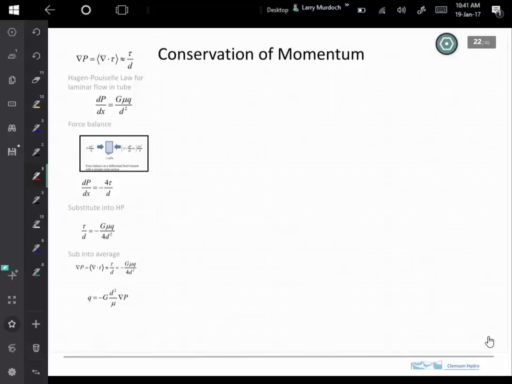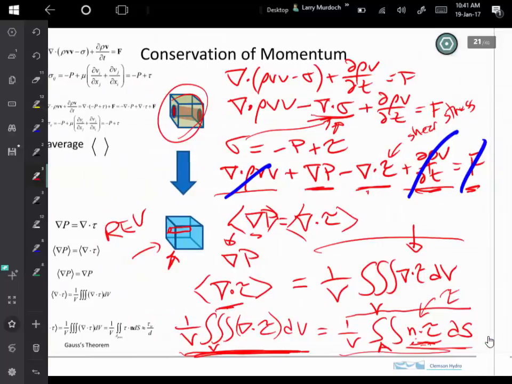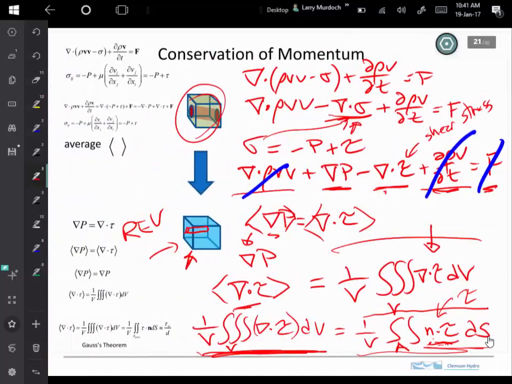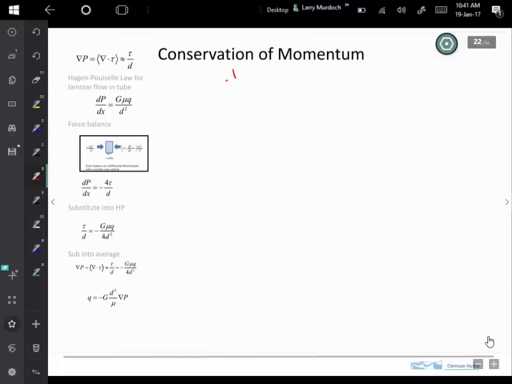In doing that, I'm kind of running out of room here.